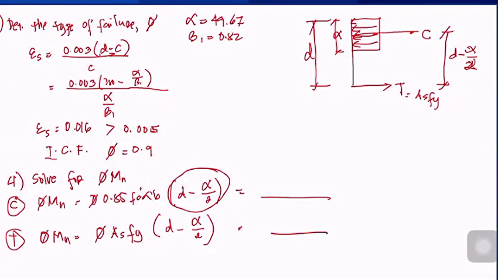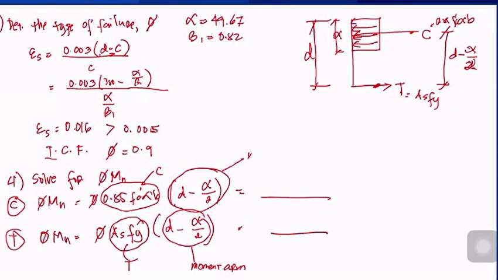If you take moment about T instead, C is equals to 0.85 fc prime alpha b, so this is C multiplied by the moment arm, d minus alpha over 2. This part is your compression, this part is your tension, and this part is the moment arm. So you can use either one. To check if it is correct, they should be almost the same. The only difference is the rounding we did, like here. If we did not round off, these two would be the same. Even this beta 1, we rounded off earlier.